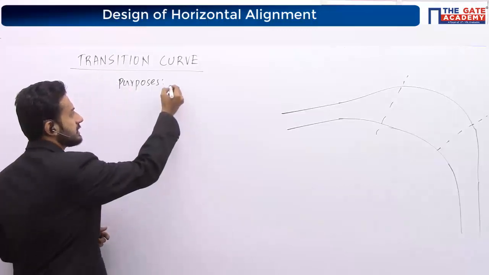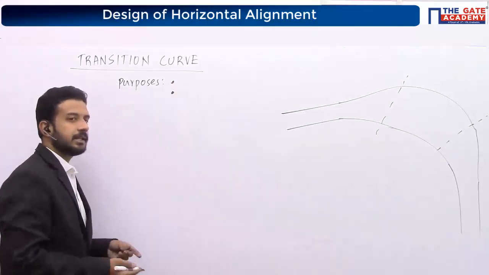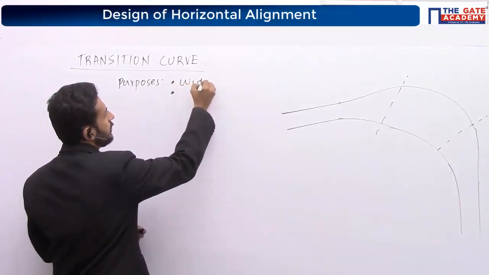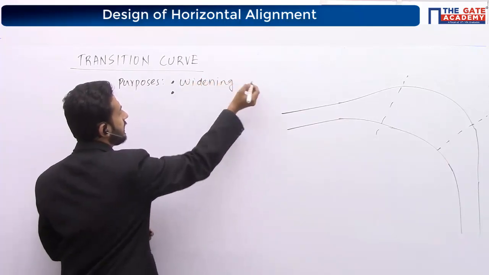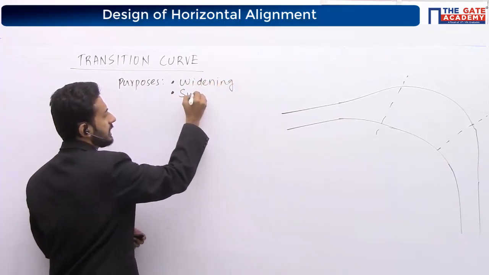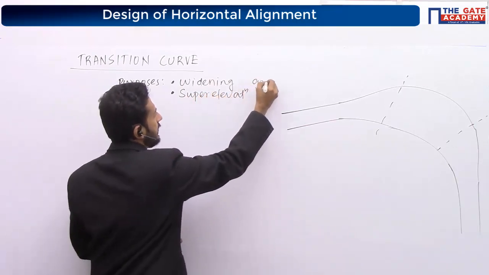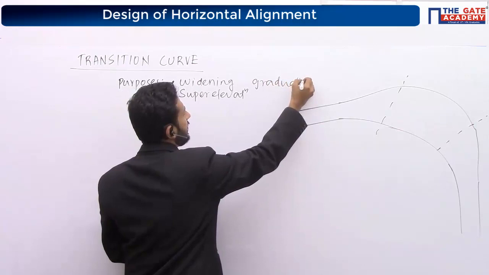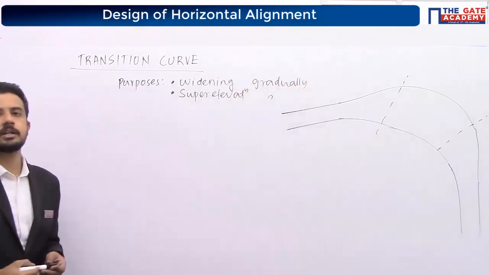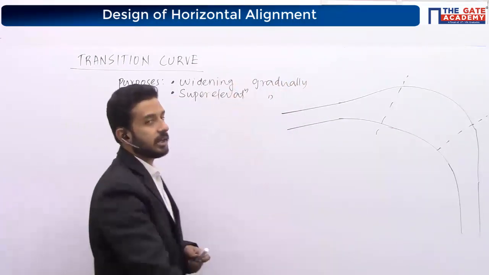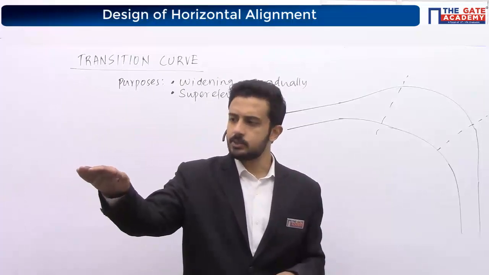Understood? So that is the second point: we can apply the super elevation gradually. First thing is widening gradually. Second purpose, super elevation we can give gradually. Where do we need super elevation? We need it on our circular curve. But suddenly we can't give the super elevation, so gradually we are going to increase it.